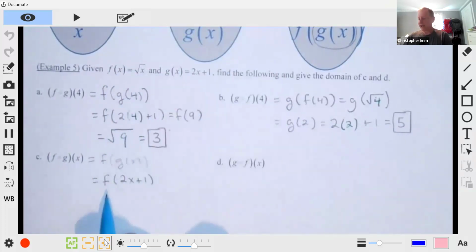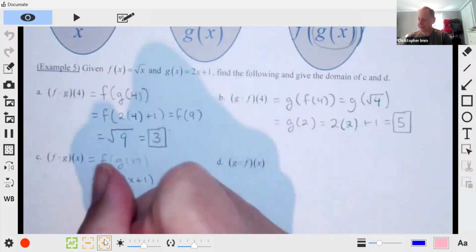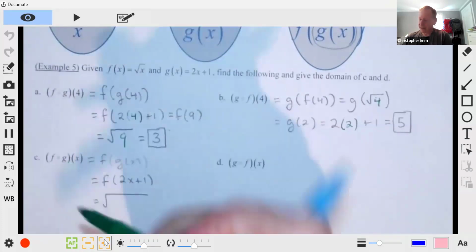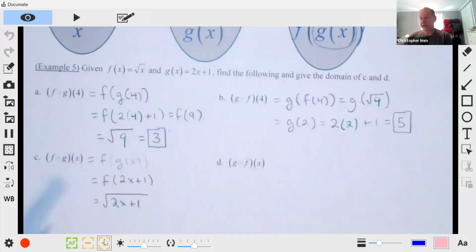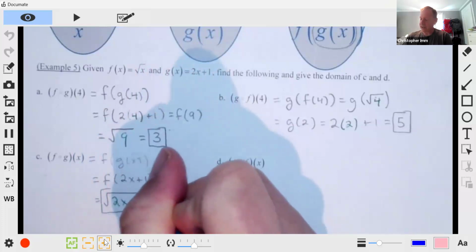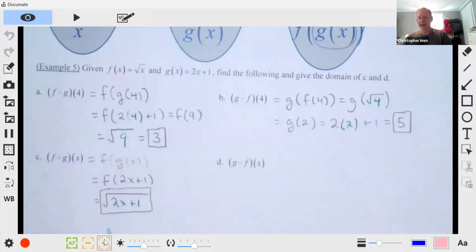Now I'm going to go to my f function, and wherever I see an x, I'm going to plug in that 2x plus 1. So I'm going to have the square root of 2x plus 1. That's going to be my new function. So when I take the composition of a square root and a linear function, I get the square root of that linear function.